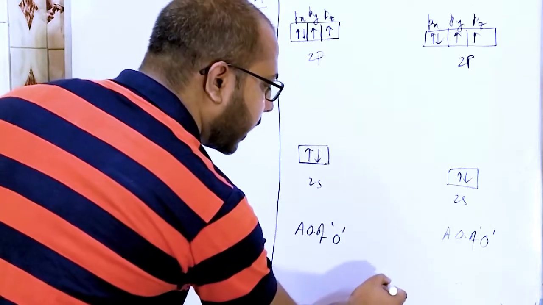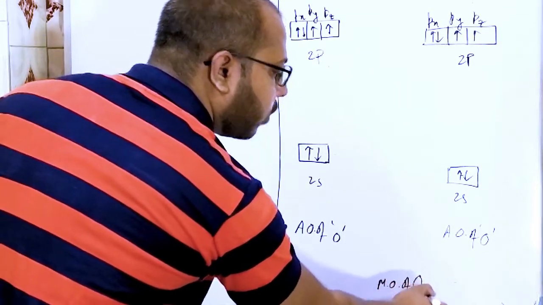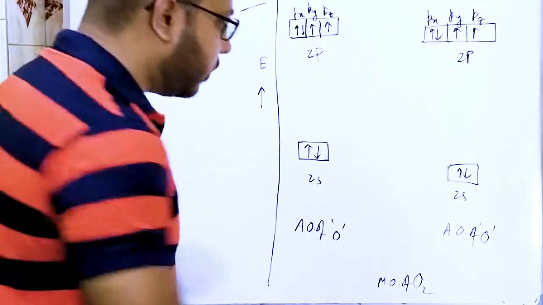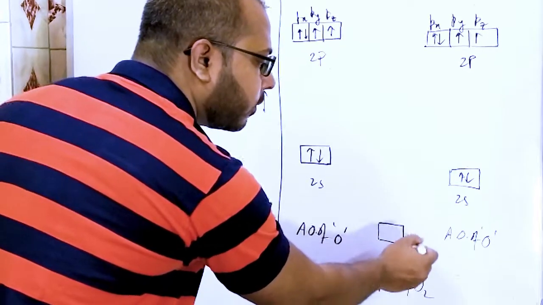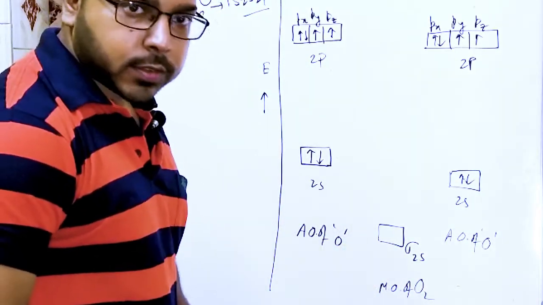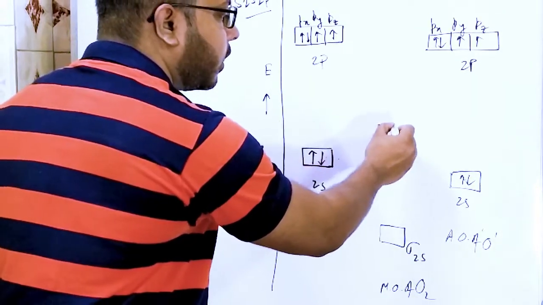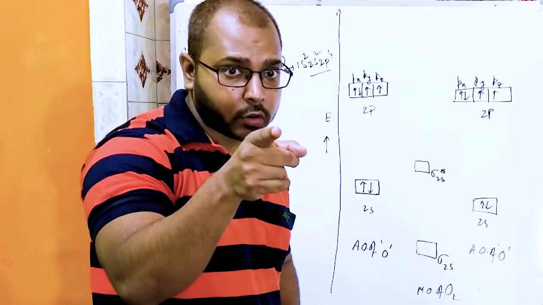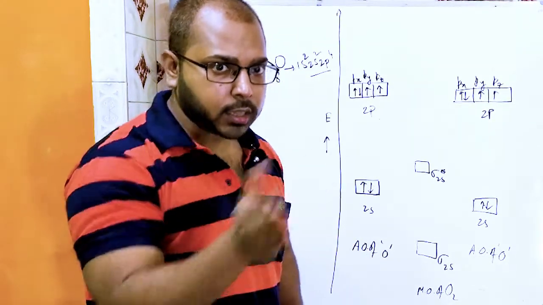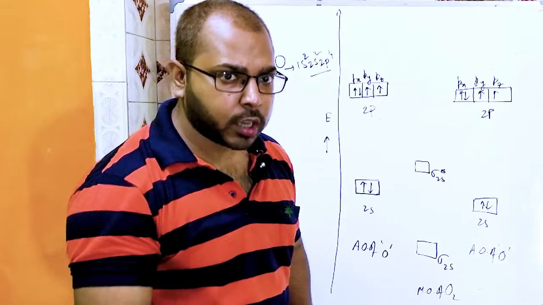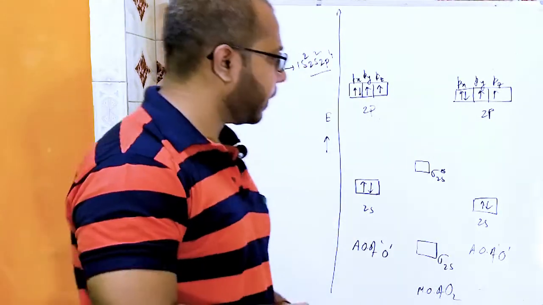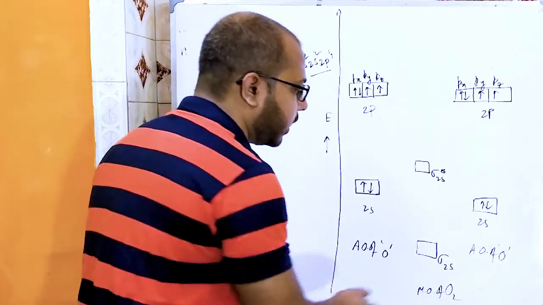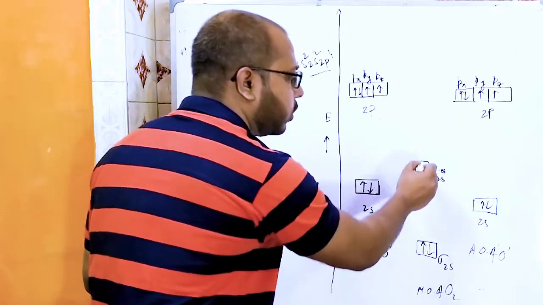This is known as the MO of O2 part. 2s obviously will form a sigma bond, sigma 2s, and sigma star 2s, because I have told you that same symmetry gives bonding, opposite symmetry gives anti-bonding. So electrons are to be filled up, 2, 2, 4. So here 1, 2, 3, 4.